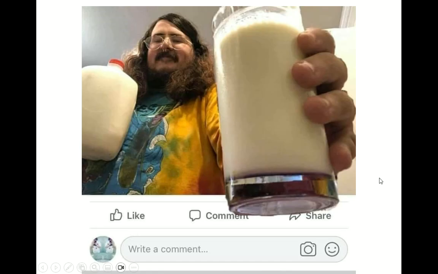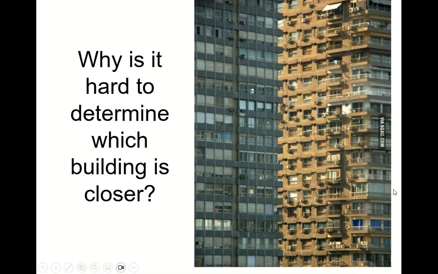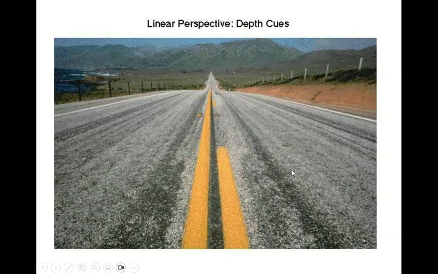Why is it hard to determine which one of these buildings is closer? Because it's hard to do interposition on this picture. Linear perspective, the lines come together in the distance.